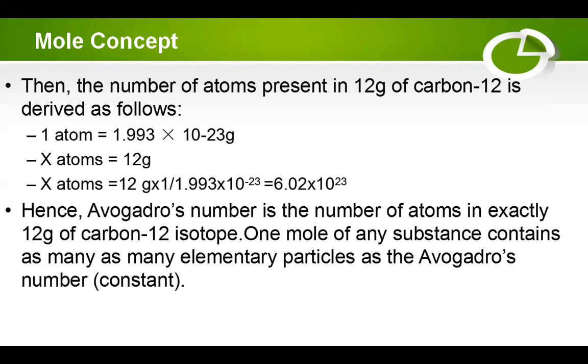And so Avogadro's number is the number of atoms in exactly 12 grams of carbon-12 isotope. Now, 1 mole of any substance contains as many elementary particles as the Avogadro's number, that is the constant. So that's how we get Avogadro's number.